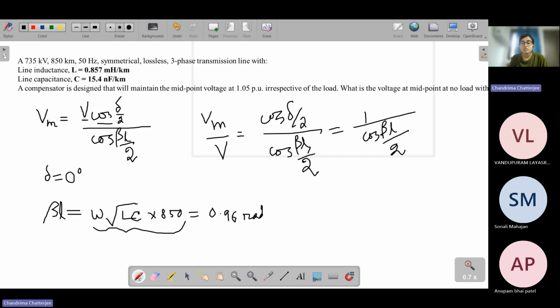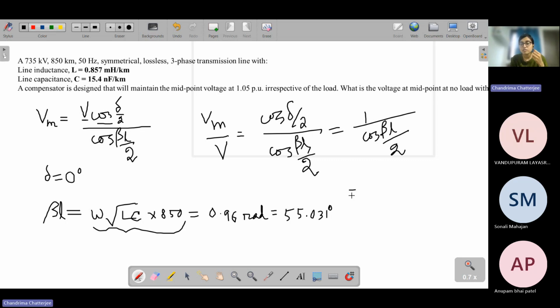And if we convert it in degree, what will be the value? 55.031, right? Yes, ma'am. Okay, so this is in degree. We have found out beta L, so beta L by 2 you can obviously find out.